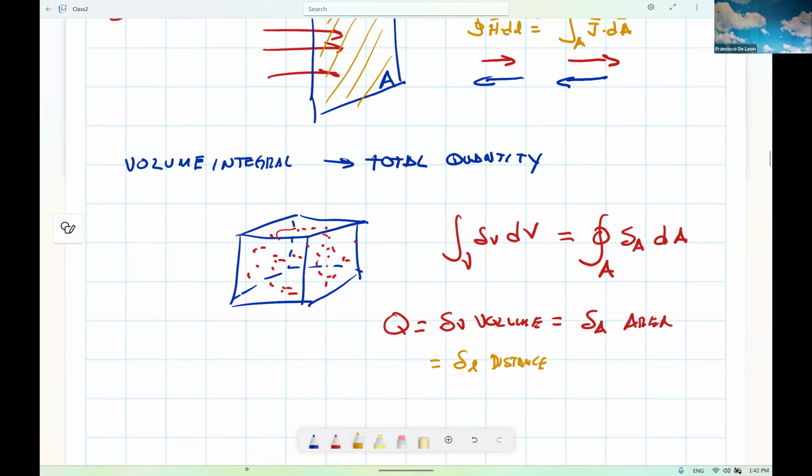And we use these crazy things like a linear distribution of charge. There is no such thing as a linear distribution of charge. A linear distribution of charge means that it has no volume, which means it doesn't exist. Everything needs to have a volume. Now, it is a very good mathematical tool when I am, for example, trying to compute the field coming from a conductor. A conductor seen from a distance will look like a filament, right?